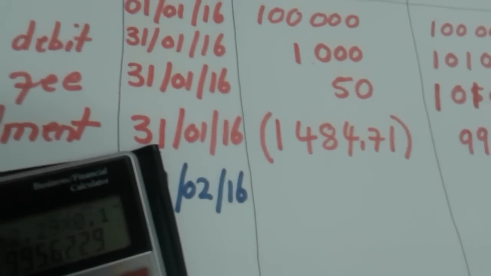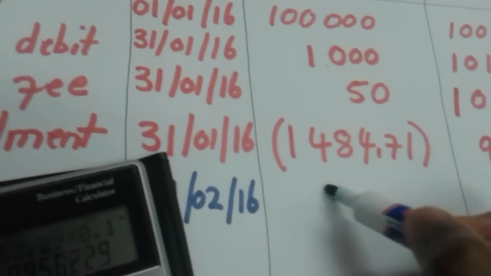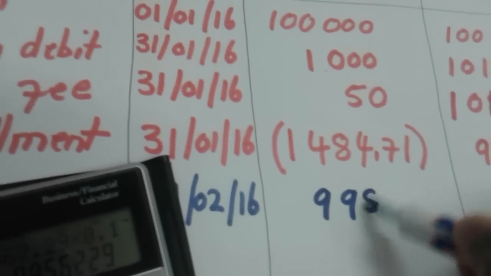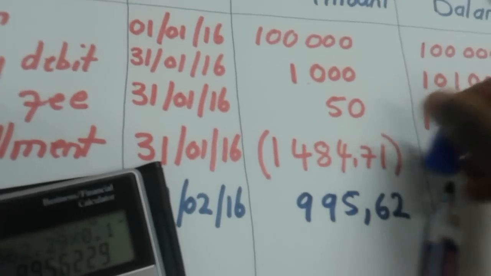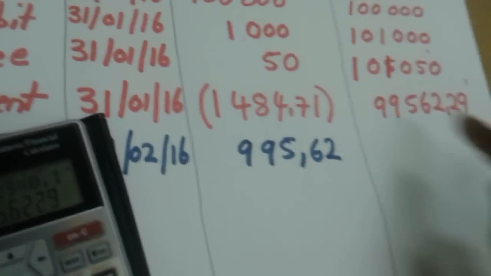So there you go. It now gives you interest of 995.62, which we need to add again to our opening balance there.